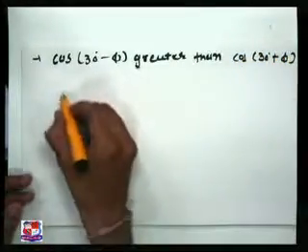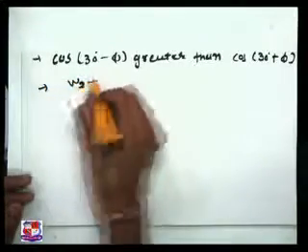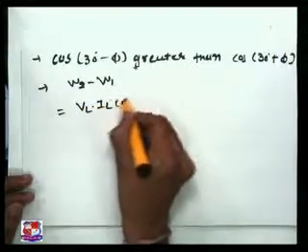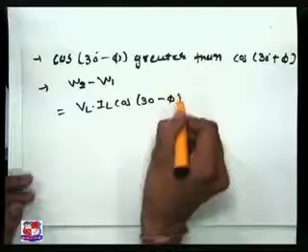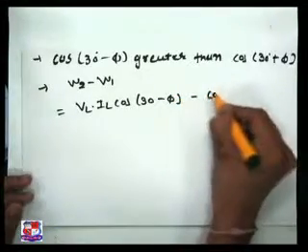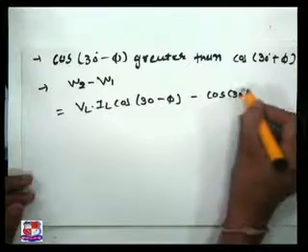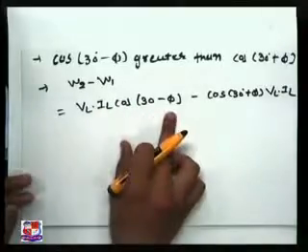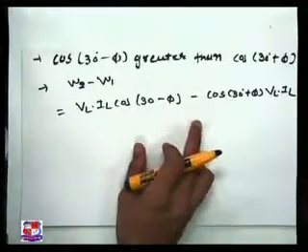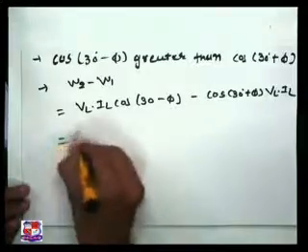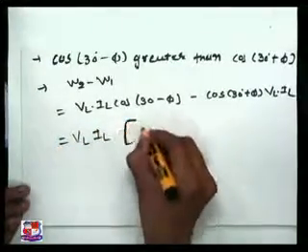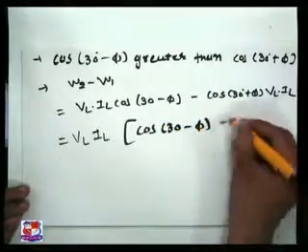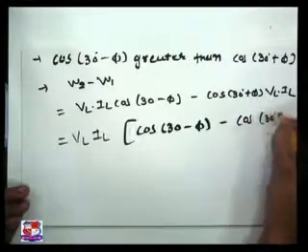So we take the difference between the 2 readings. So W2 minus W1 is VL into IL cos(30 − φ) minus cos(30 + φ), because cos(30 − φ) will always be greater than cos(30 + φ). So in this, VL into IL, cos(30 − φ) minus cos(30 + φ).